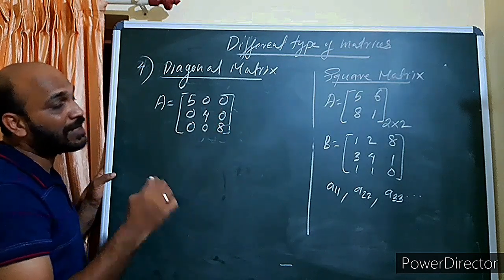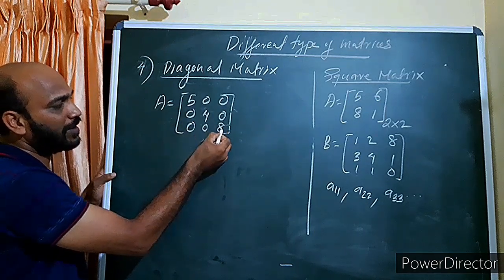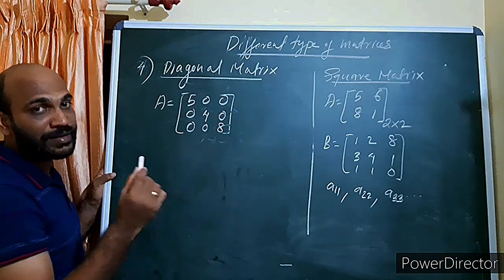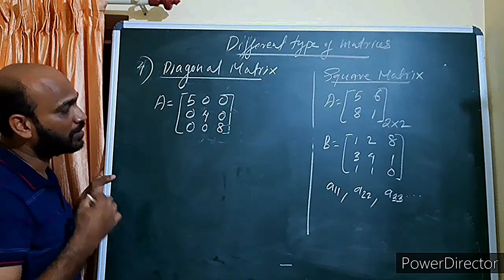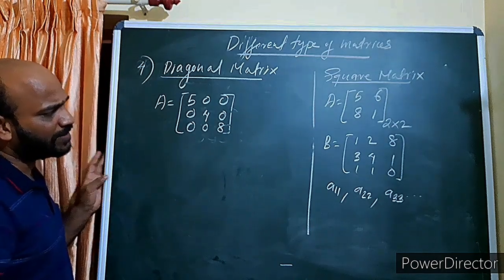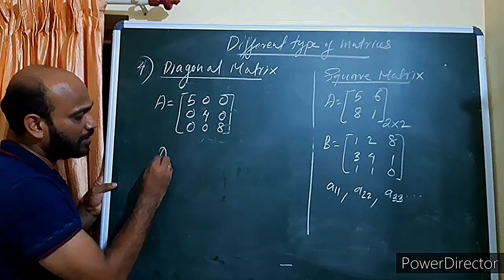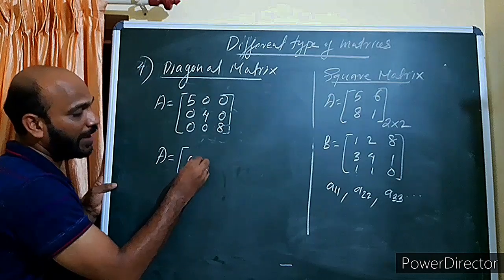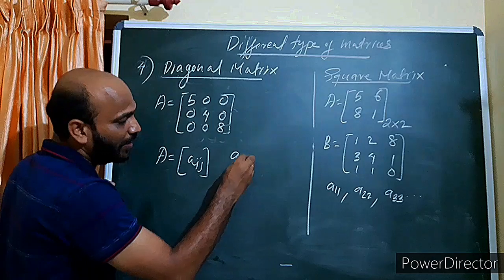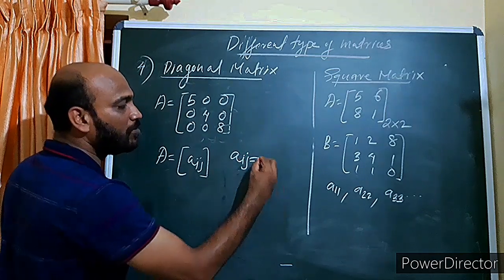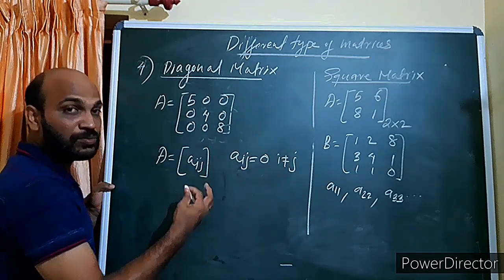So the non-diagonal elements are zeros. That is the condition. The diagonal elements are 5, 4, 8, and the non-diagonal elements are 0, 0, 0. We can write the definition this way also: a square matrix A equal to Aij is said to be a diagonal matrix if Aij equal to 0 for i not equal to j. This condition you have to study.